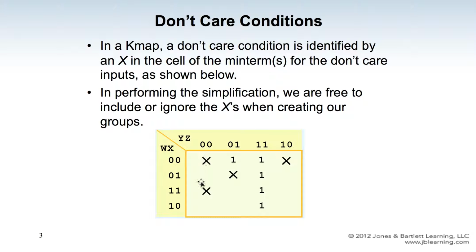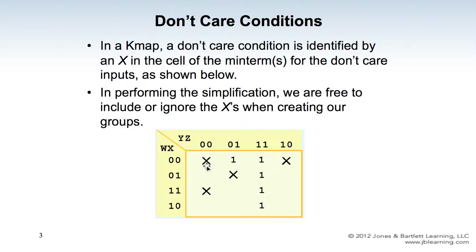So in performing the simplification, we are free to include or ignore the values of X when creating our groups. We can consider it as a 0 or 1, depending on how we group them together.